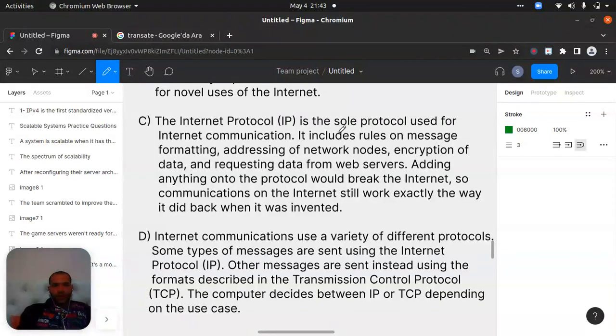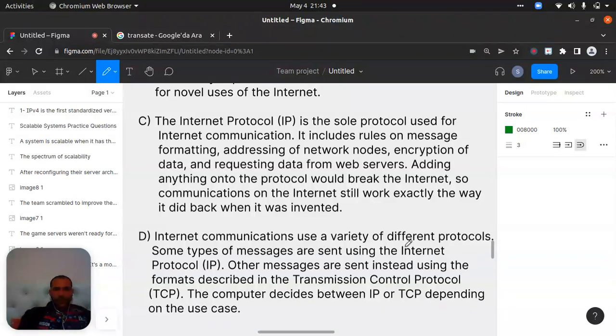The Internet Protocol is the sole protocol used for internet communication. It includes rules on message forwarding, addressing, encryption of data, and requesting from servers. Adding anything onto the protocol would break the internet, so communications on the internet still work exactly the way they did when it was invented.